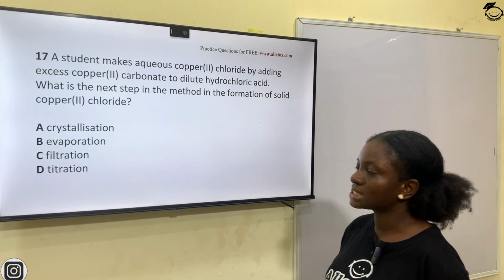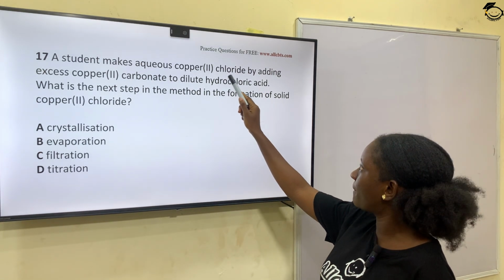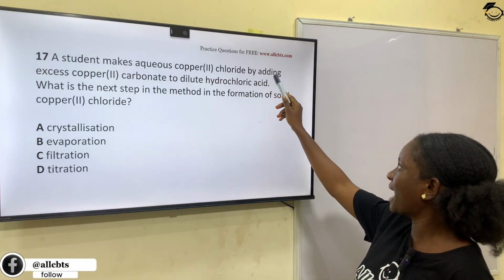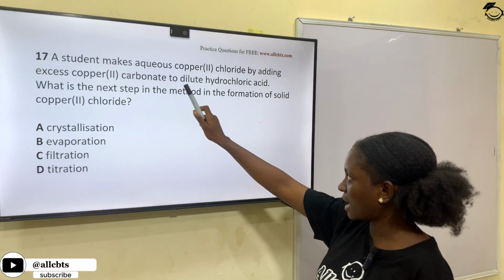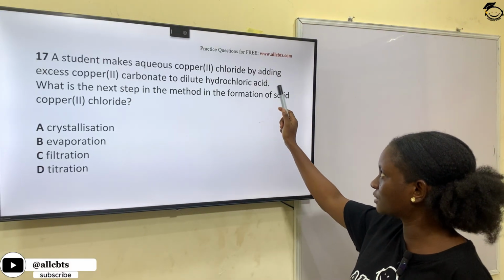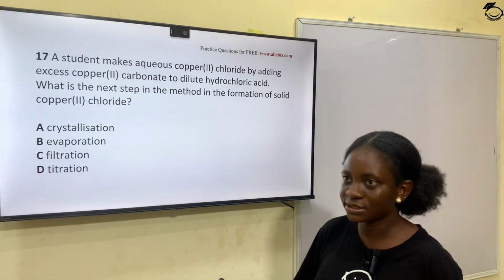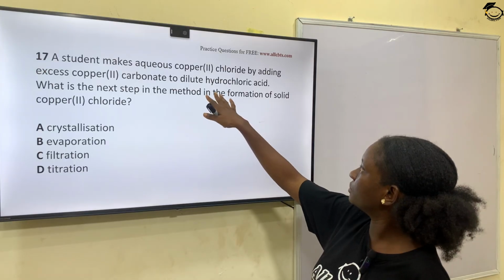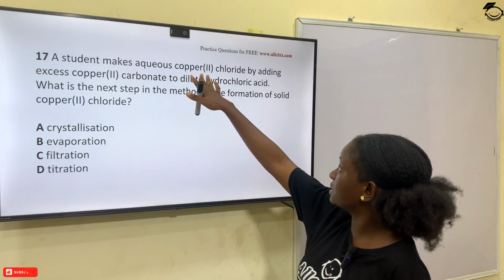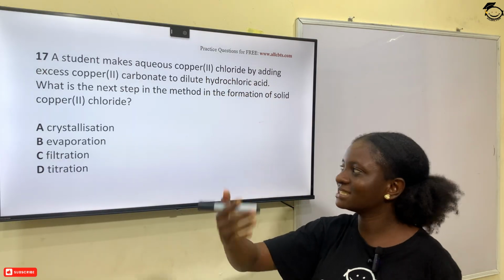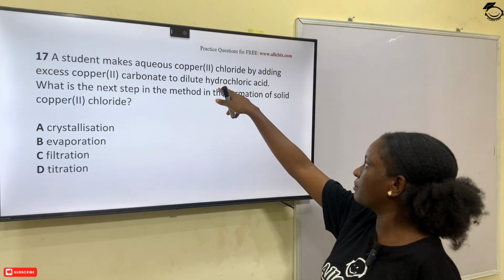Question 17. A student makes aqueous copper(II) chloride by adding excess copper(II) carbonate to dilute HCl.